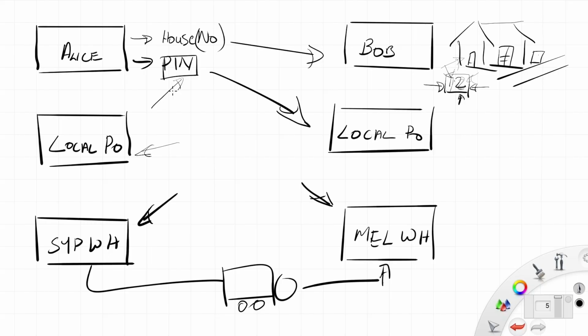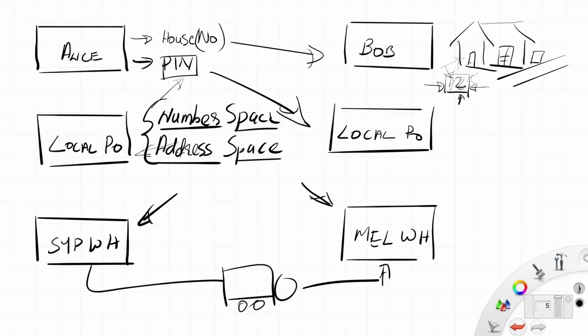Normally, pin codes are unique in a country. So the number space, or the address space, let me note that down. Both of these things, whenever I say both of these things, it's the same thing. The concept remains the same. It's a very common concept in computer science.